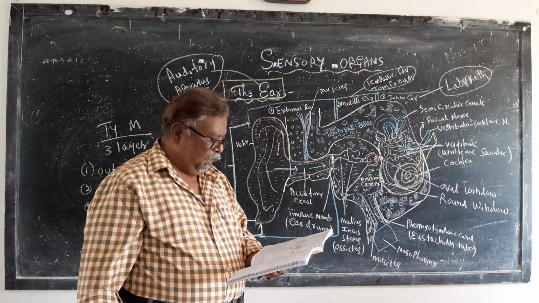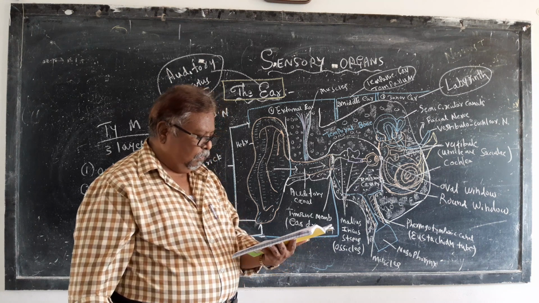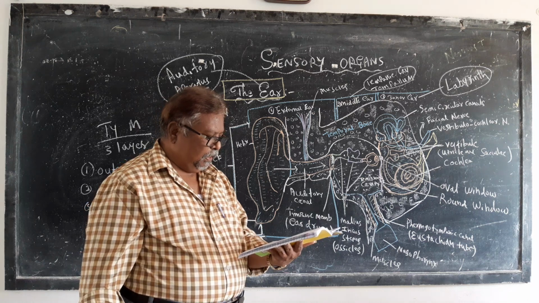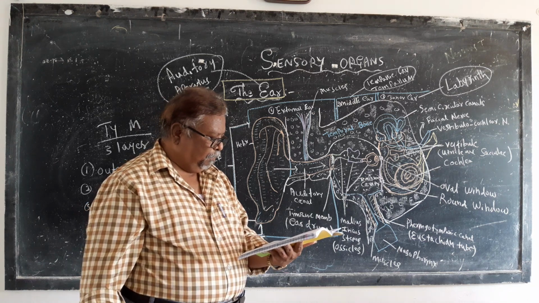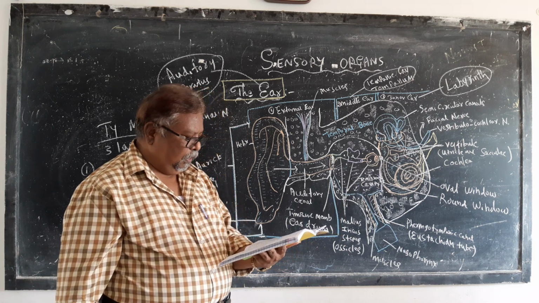The scala vestibuli originates at the oval window and the scala tympani ends at the round window. The two compartments are continuous with each other and both contain perilymph.